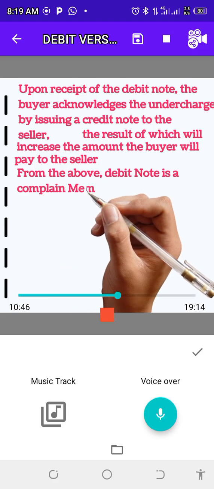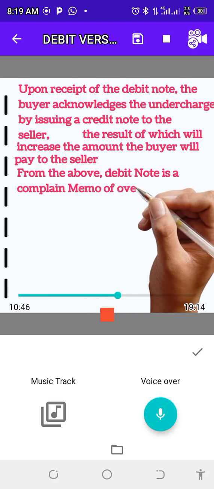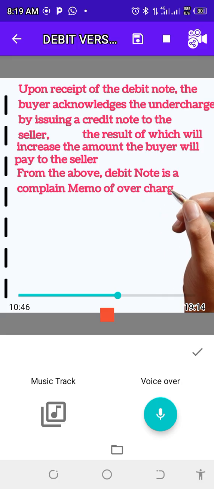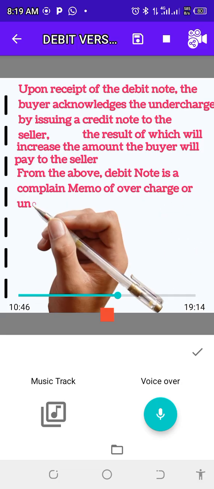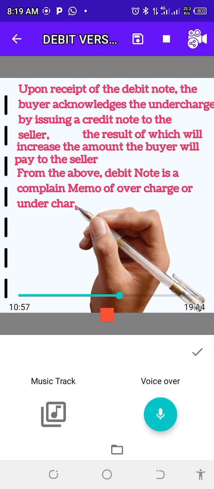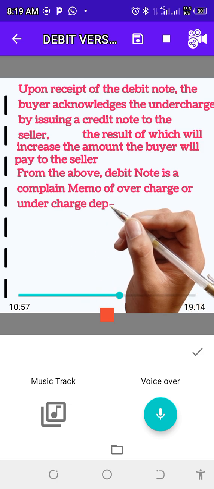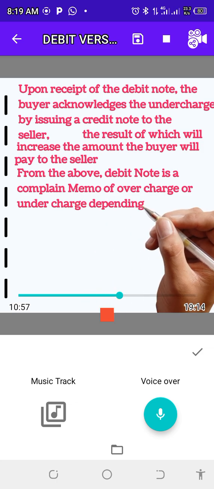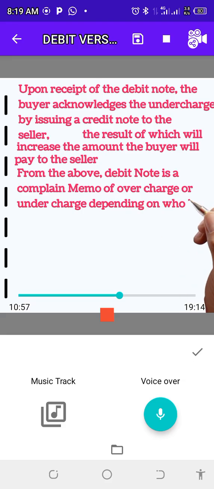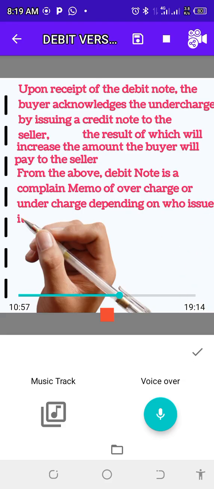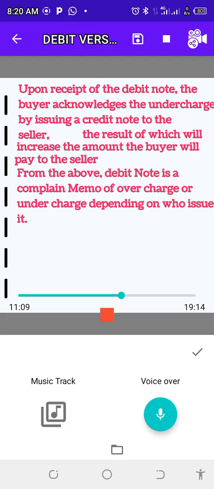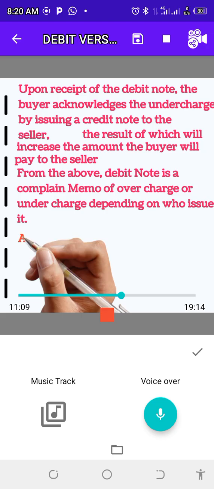The seller. Yes. A debit note from the buyer to the seller is a complaint or a report of overcharge, and a debit note from the seller to the buyer is a report or a complaint of undercharge.